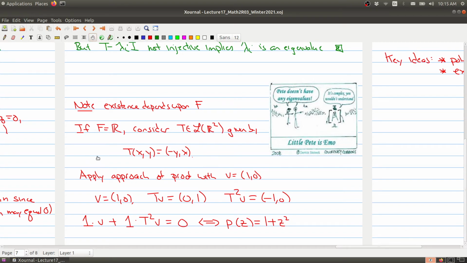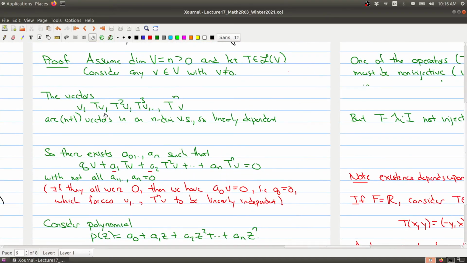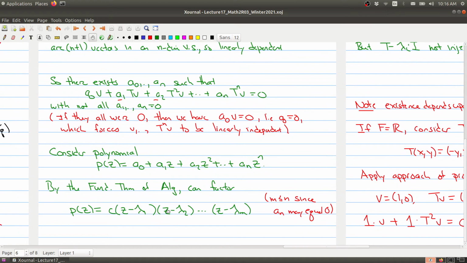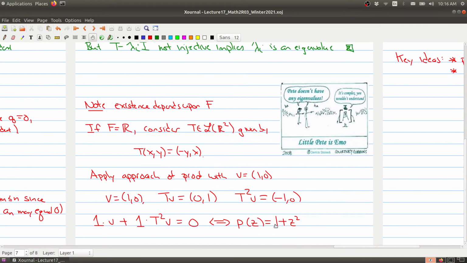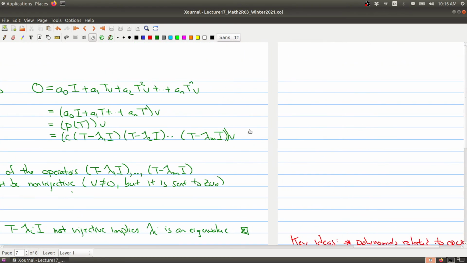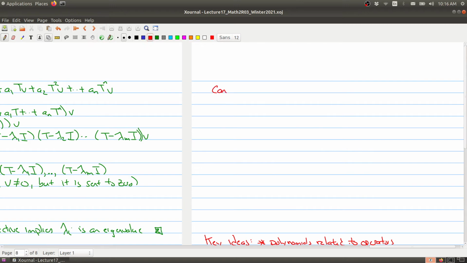Okay, so I'm just kind of following the proof, right? I would take my particular vector, take powers, find a linear combination. It gives me a polynomial. And this is the part where it suddenly crashes. I can't go any further because I can't factor, since the polynomial 1 + z^2 does not factor over R, right?